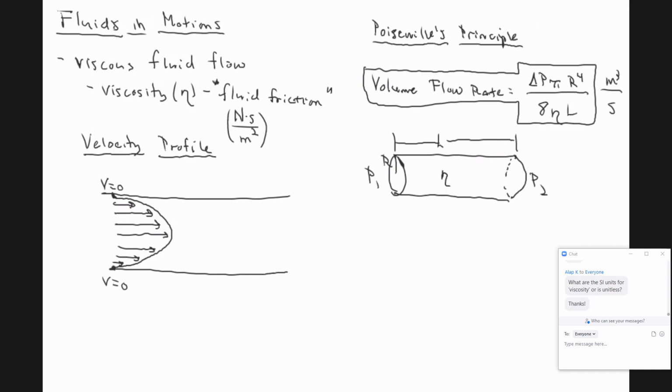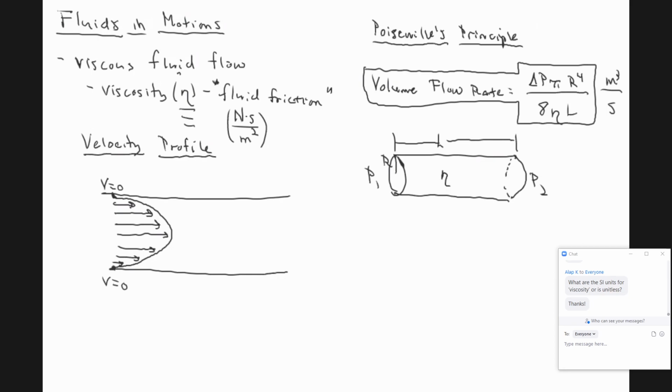That's what eta is, it's viscosity. So each type of fluid has what we call fluid friction associated with it based on the particulates it has inside. And you'll be given the viscosity of those things in order to do this.